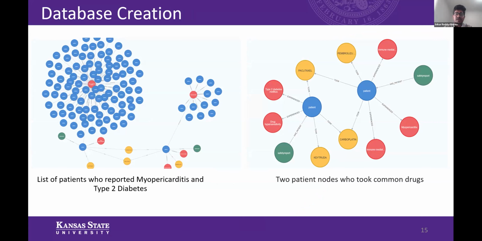As you can see in the figure on the left, the red nodes are reaction nodes, the blue nodes are the patient nodes who reported the adverse events, and the yellow nodes below are the drug nodes which the patient took. And we can also query two patients who took common drugs, etc.